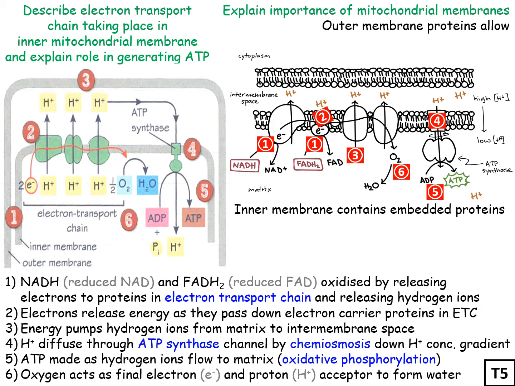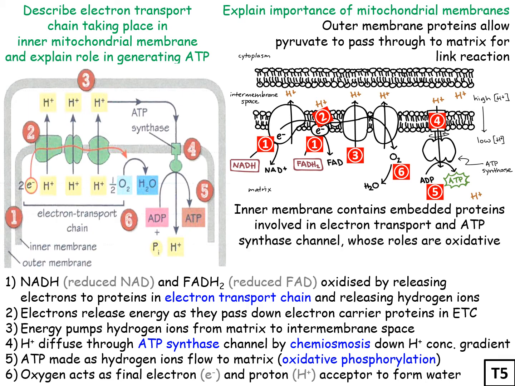Explain the importance of the mitochondrial membrane. Now we can see that there is an outer membrane and an inner membrane on the mitochondria, and the proteins on the outer membrane allow pyruvate to pass through to the matrix for the link reaction, whereas the inner membrane contains embedded proteins, which are involved in the electron transport, where the electrons are passed from one electron carrier protein to another.